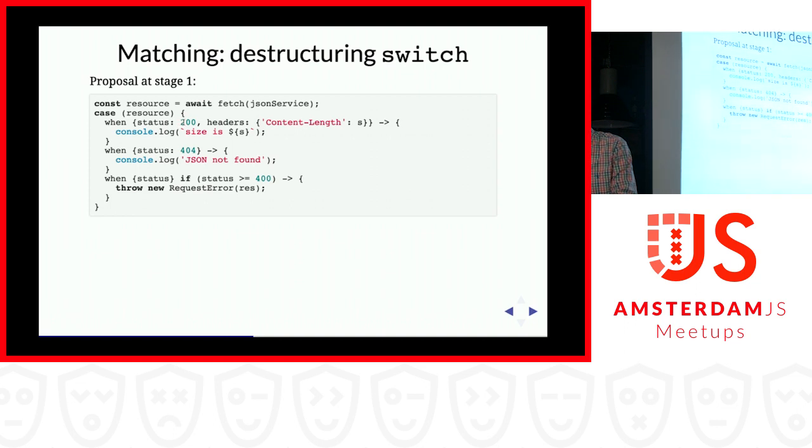You can either check values or even extract data, like the content length here, and you get a nice way of distinguishing the different cases in a very concise way of checking data.